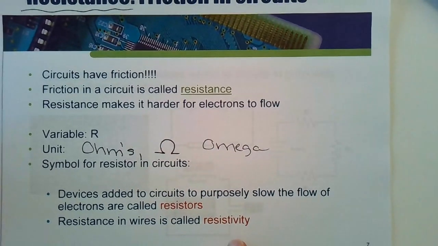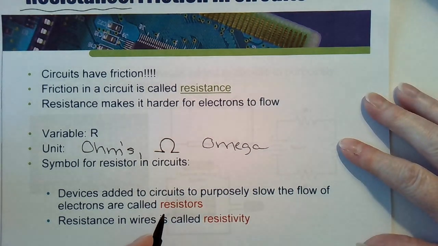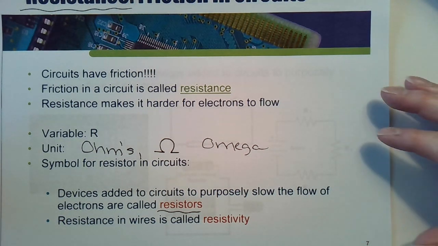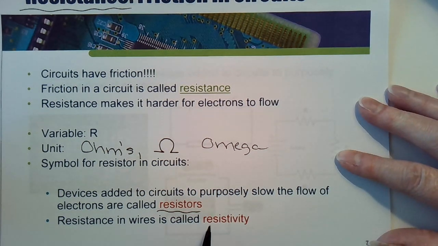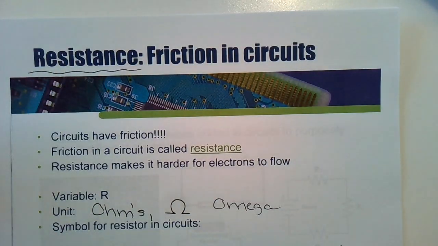All right, well, inside a circuit, we can encounter friction or resistance in a variety of ways. Sometimes we purposely put something in a circuit that's called a resistor, and the wire itself, the electrons trying to walk through the wire, that's also a type of friction, and it has a different name. It's called resistivity, but there's other things that are all part of this general concept of resistance.